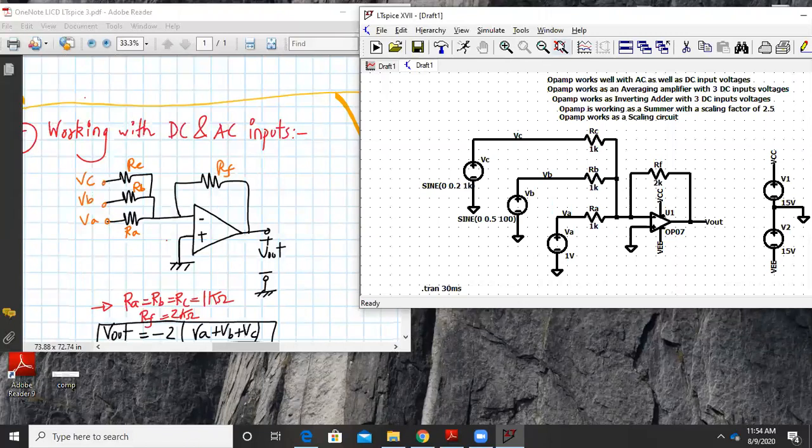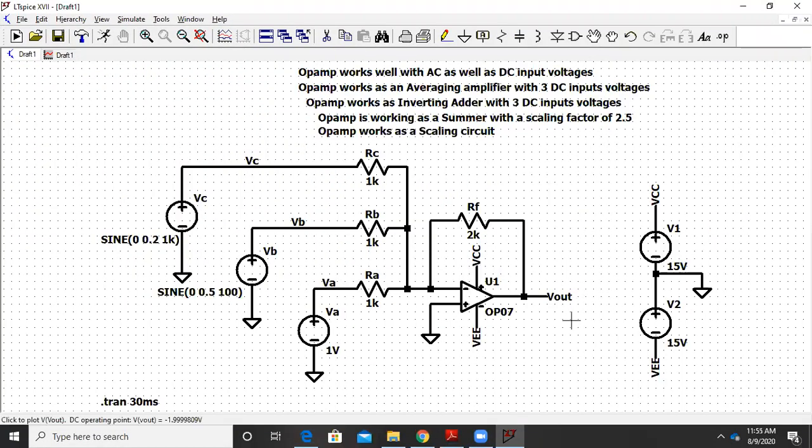And the only care you have to take is whatever the power supply level is, here it is plus or minus 30, the output with whatever combination of inputs you design should not exceed the power supply level, or else the op-amp will go into saturation. So only that care you have to take.